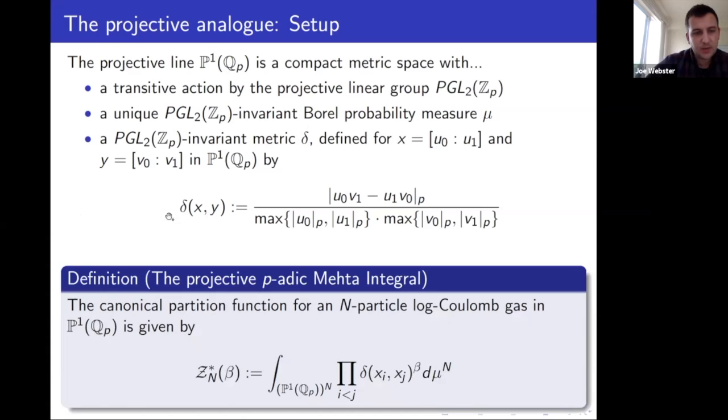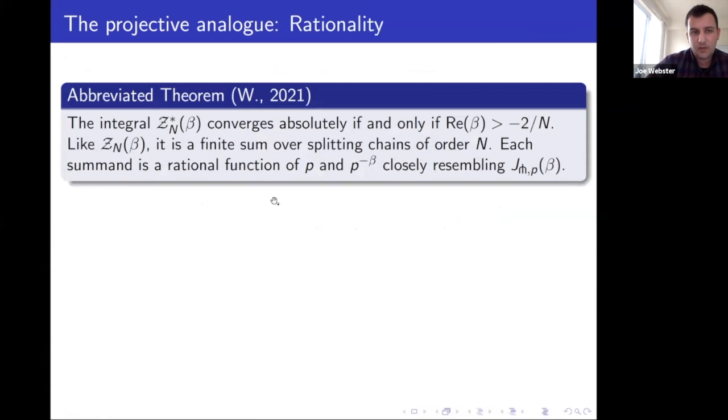And with this metric in mind, you can imagine how we would set up the canonical partition function for an n particle log Coulomb gas in the projective line. So this is the integral you would get if you follow the same sort of process that we have so far. And I'm not going to be able to discuss the details explicitly, but the abbreviated theorem is that this canonical partition function, the projective one, converges absolutely for the exact same beta as the other Mehta integrals did.